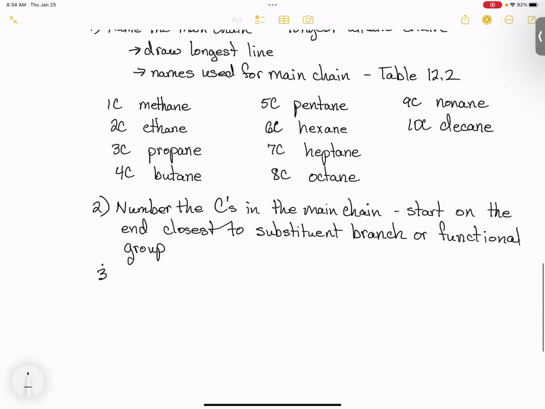Step number 3 is to identify the substituents on the main chain.